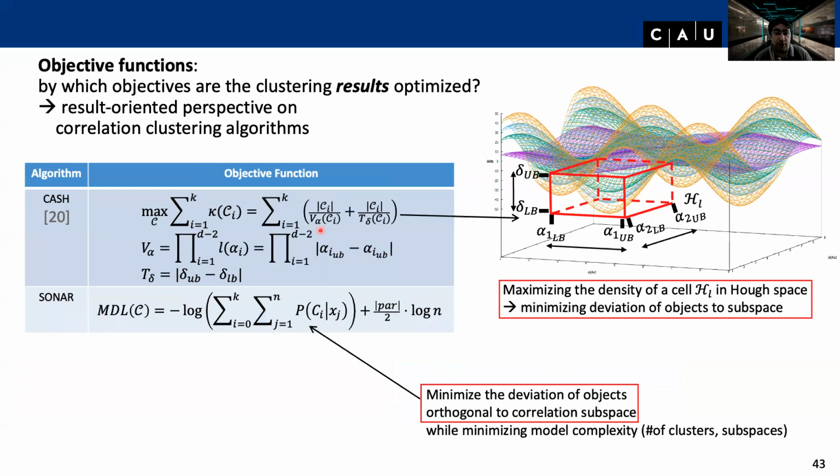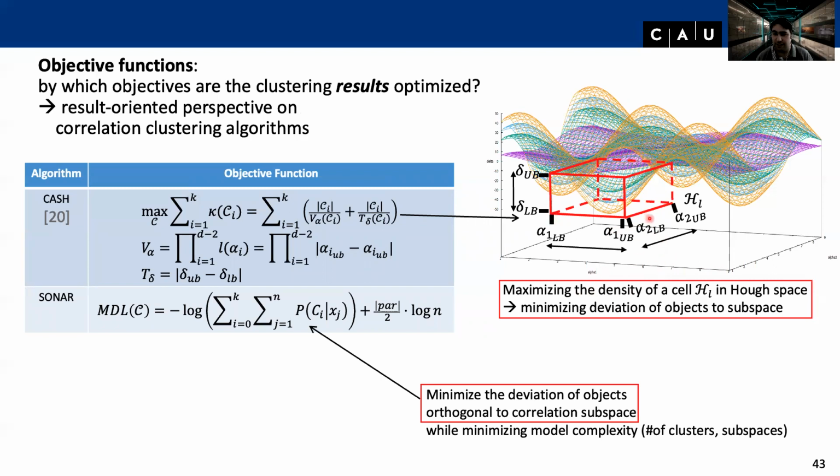Then we have here CASH. Also, CASH per se does not have an objective function, so to speak, but also through other work we derived one. We say here for CASH, also recently published last year at the ICDM workshop, the core goal of CASH is, so this is the Hough space that you see, the Hough space for detecting linear correlations, we want to maximize the density of a cell.